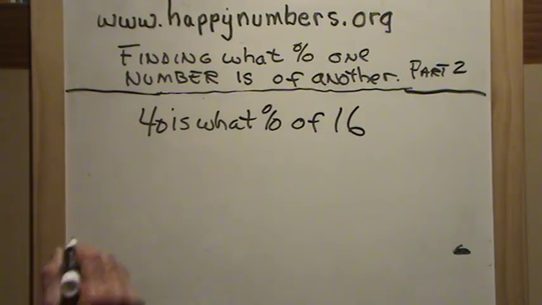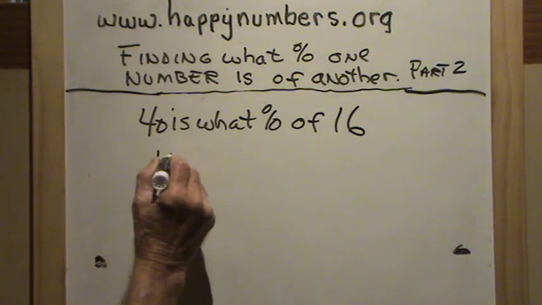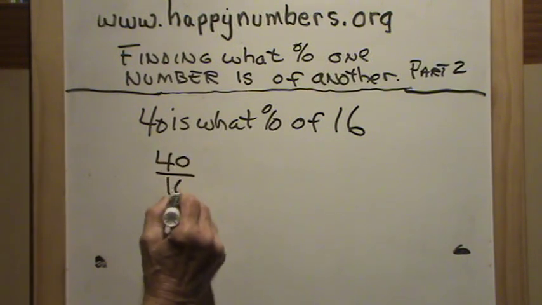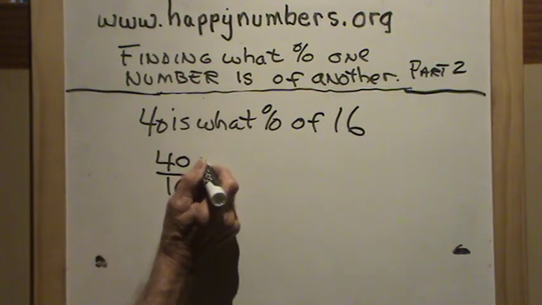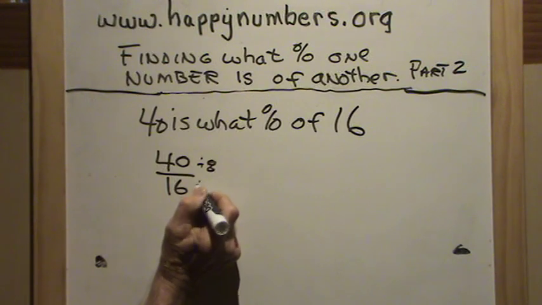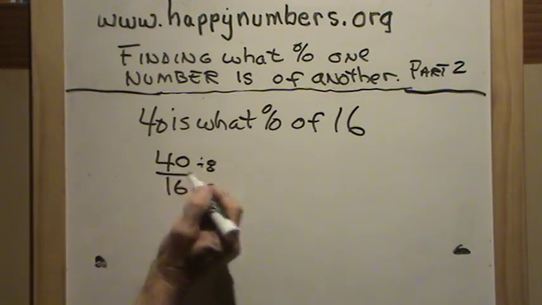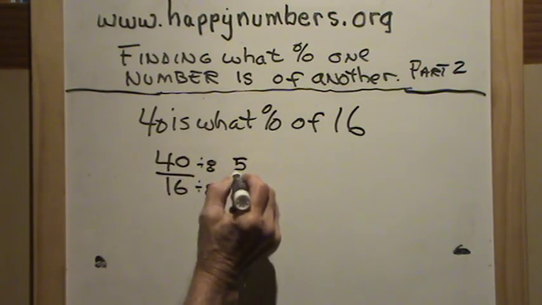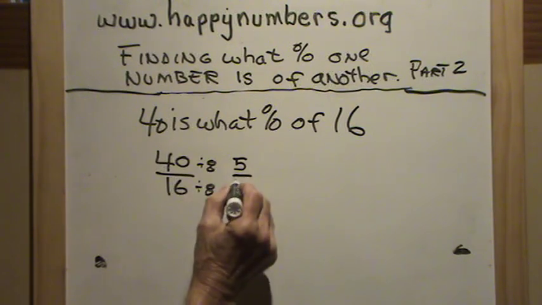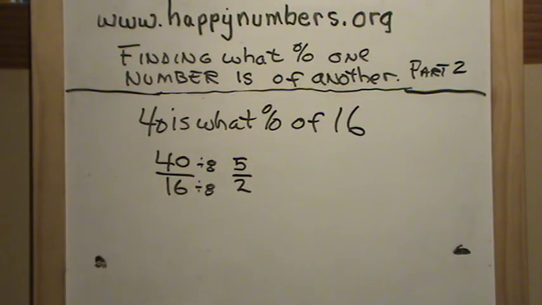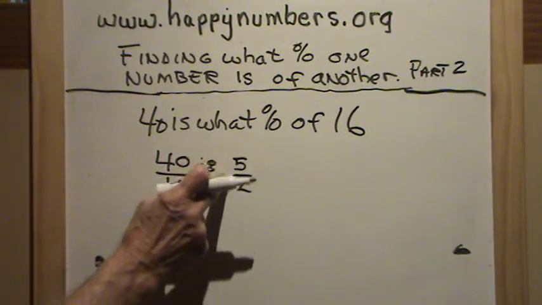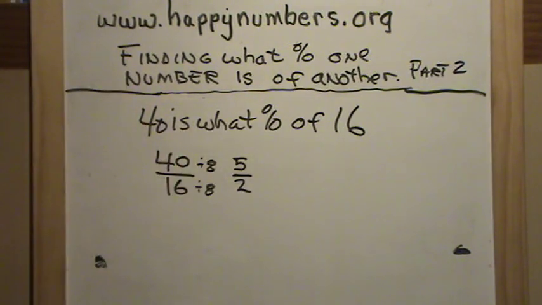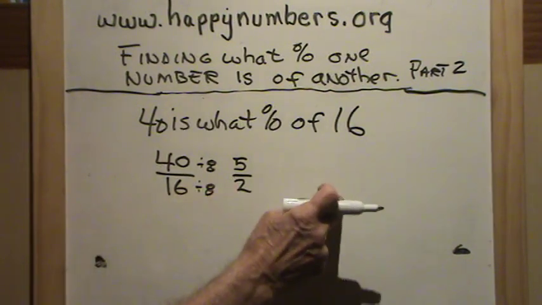Good, let's take a look. Well, we make our fraction 40/16. Now we want to reduce it to its lowest name. I think we can divide by 8. 8 goes into 40 5 times. 8 goes into 16 2 times. Well, I've changed it now to an improper fraction in its lowest name. And now I have to change the fraction to a percent.